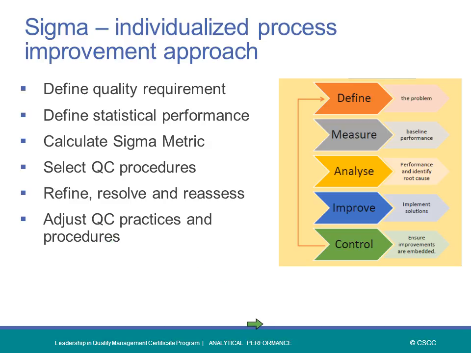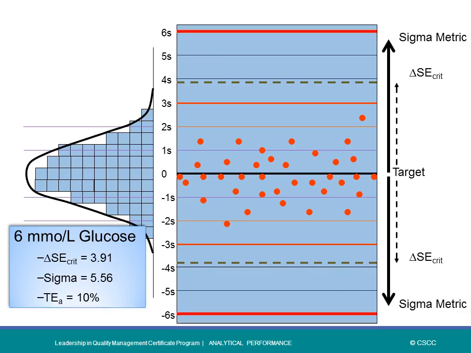Here's an example of a test that, at least in this example, we've determined to be near 6 sigma in its performance. Here's the data all clustered around a mean, and I'm calling this 6 millimole per liter glucose. And we can see that here's the critical systematic error, and this critical systematic error is another useful measure that defines the limits of systematic bias.